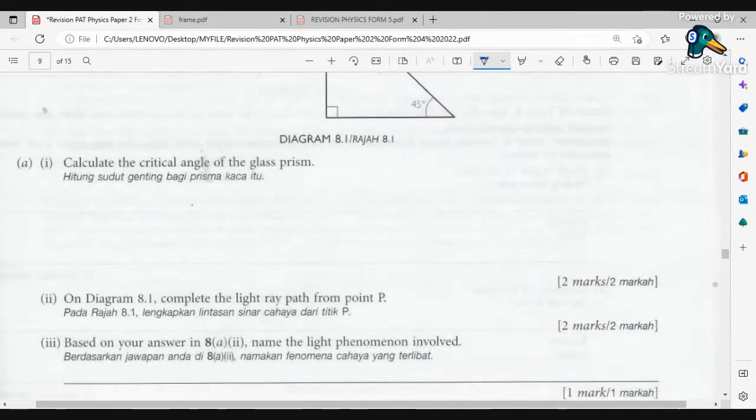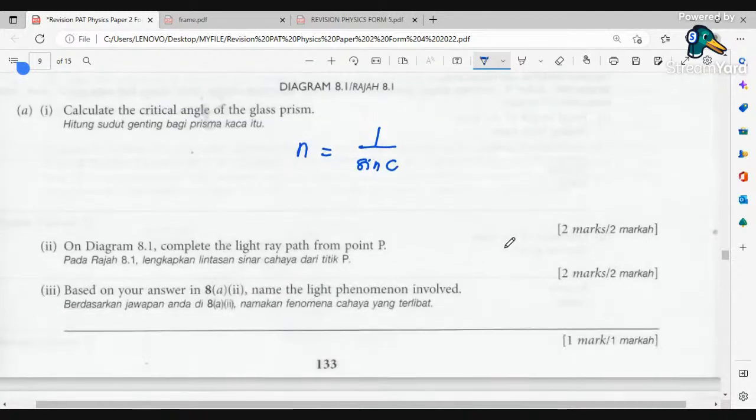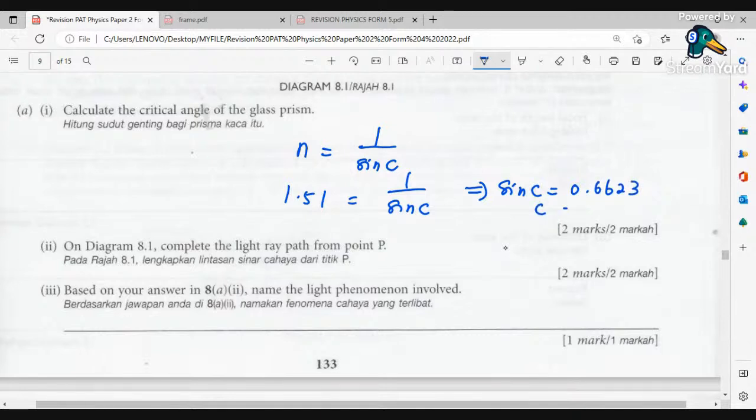Okay, formula N equals to 1 over sine C. Okay, C is critical angle, so 1.51 equals to 1 over sine C. So find the value of C. Okay, you will get sine C equals to 0.6623. So C ialah 41 degrees 28 minutes.